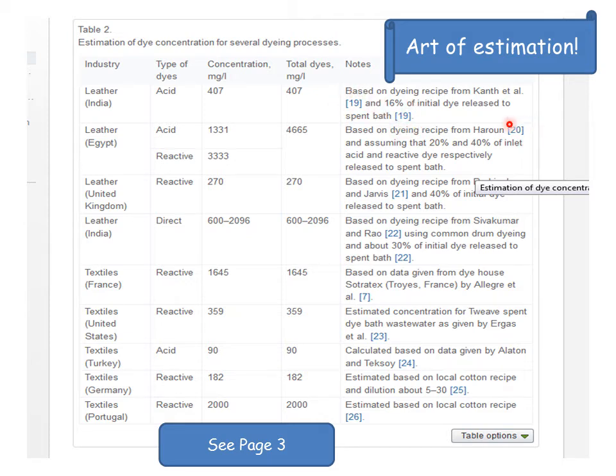Okay, I make a lot of assumption. Okay, this different source and different source, and I come out with this table. So remember, this is art of estimation. So you should try to estimate if there is no or very limited exact data.